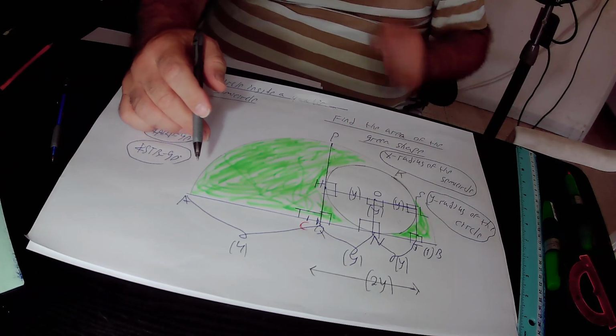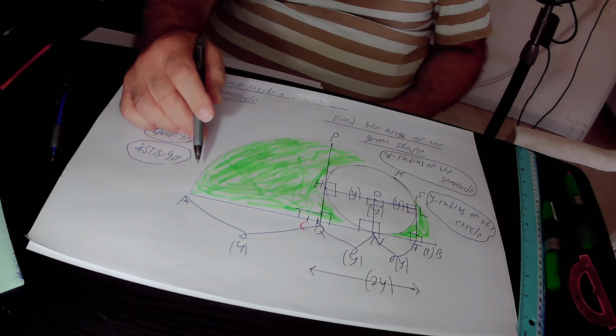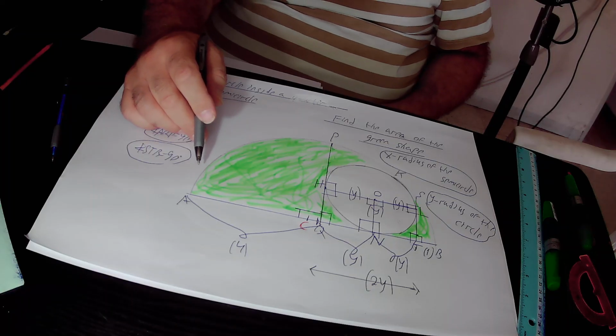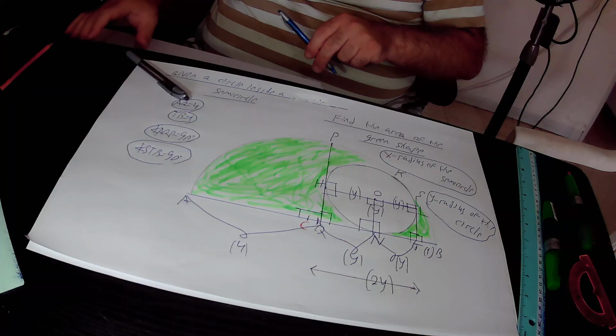AB is the diameter of the semicircle. The radius of the semicircle is x, therefore the diameter must be equal to 2x. Okay, so that is known.